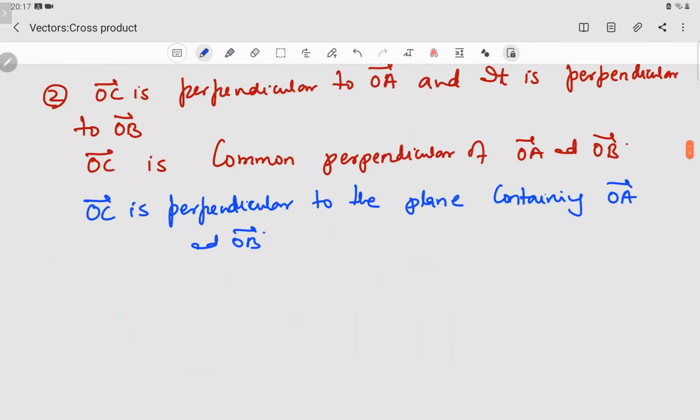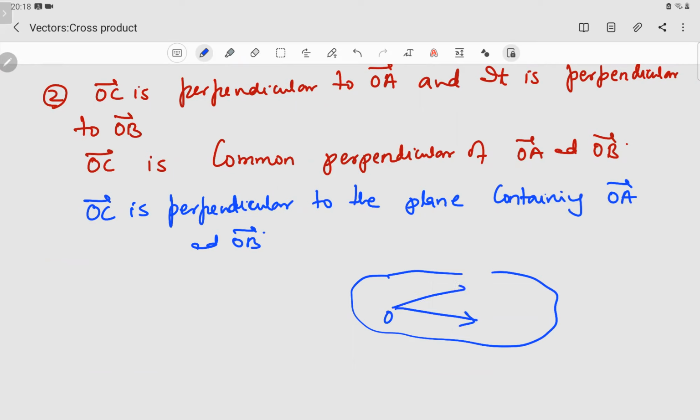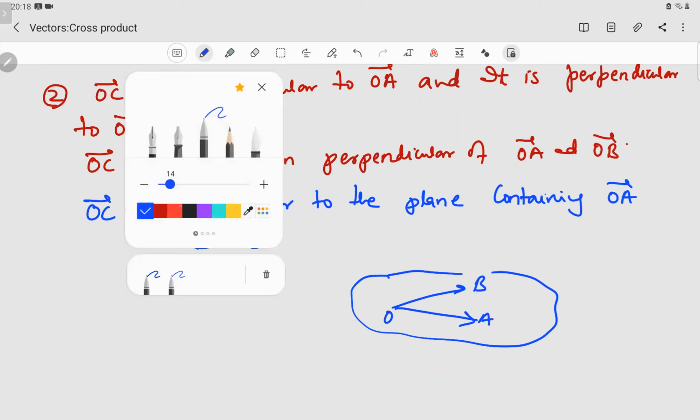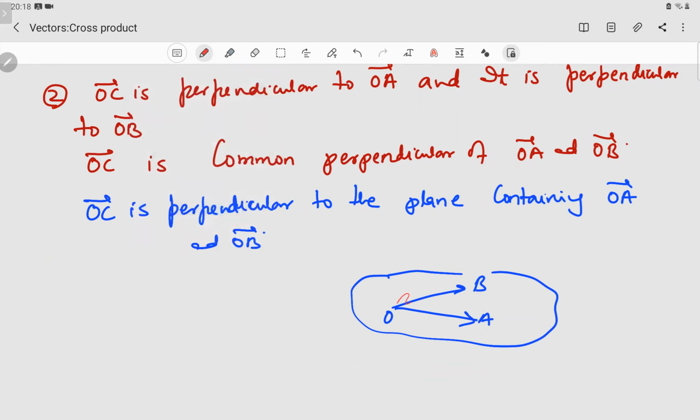Let's say this is a plane which contains OA and contains OB, and OC is perpendicular to both of them, and it is perpendicular to the plane containing both.